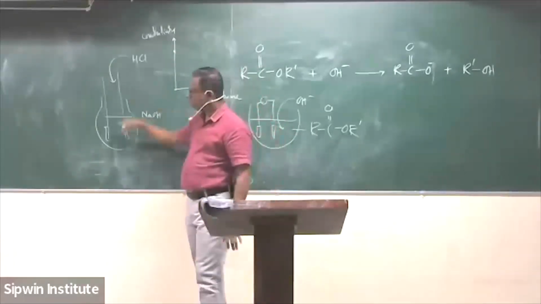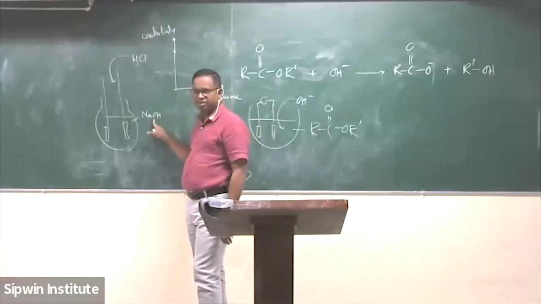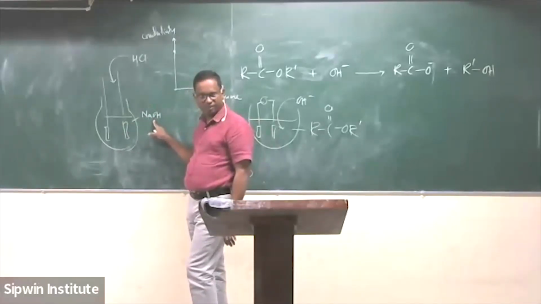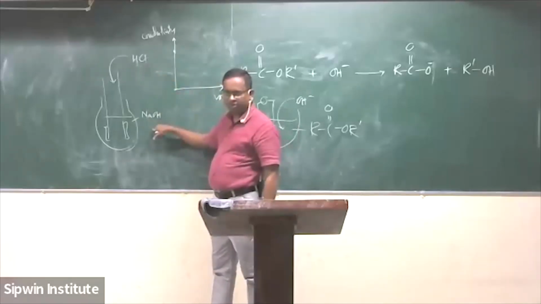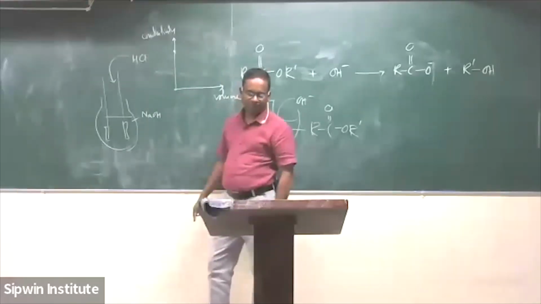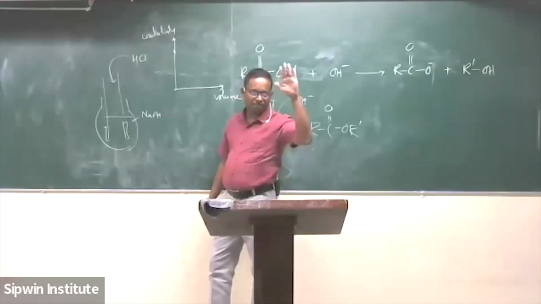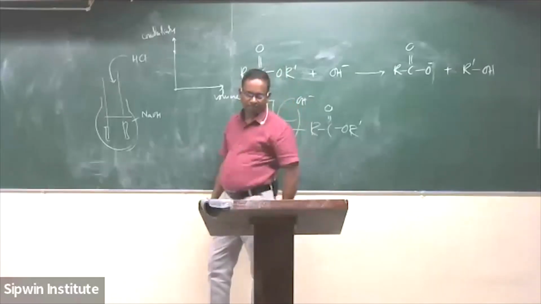Then you add H plus to this one. When adding H plus, what happens? H plus with the OH minus neutralize. As told earlier, chloride also comes to the solution, but OH is being removed. Because of the removal of OH, the conductivity decreases.